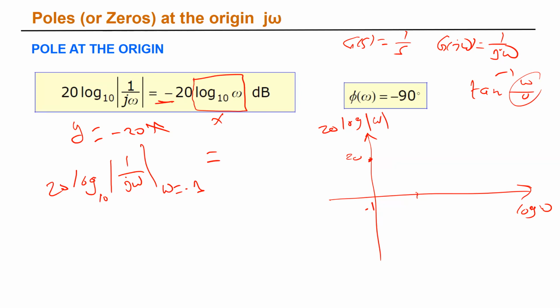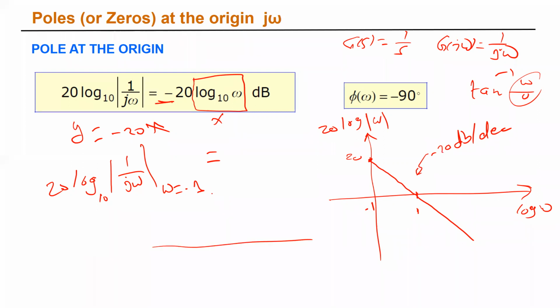How about if I have this one decade later, which is 1? What will be the log of this quantity at 1? 0. So, look, I will have, and the slope is in here, minus 20 dB per decade. As I said, it's important, where is my scale?